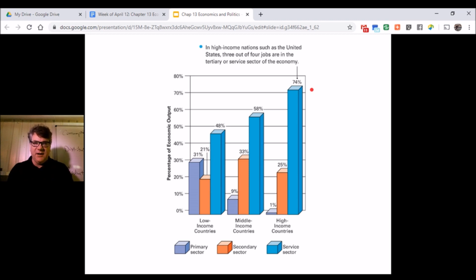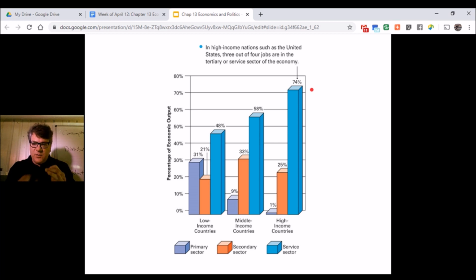Somebody working at the drive-thru at McDonald's is considered tertiary sector, service sector. Somebody that's a brain surgeon is considered service sector as well. So be careful not to jump to conclusions that everybody that works in the service sector makes more money than people that work in agriculture or the primary sector. That's not the case. Sometimes you could be working in the primary sector and make a lot more money than somebody working in the tertiary sector, okay?